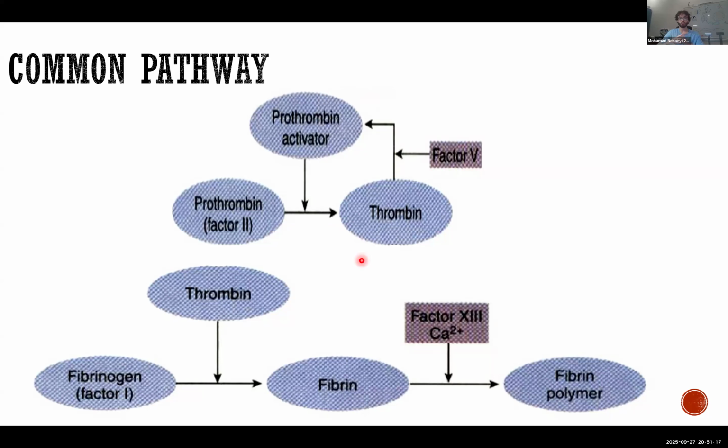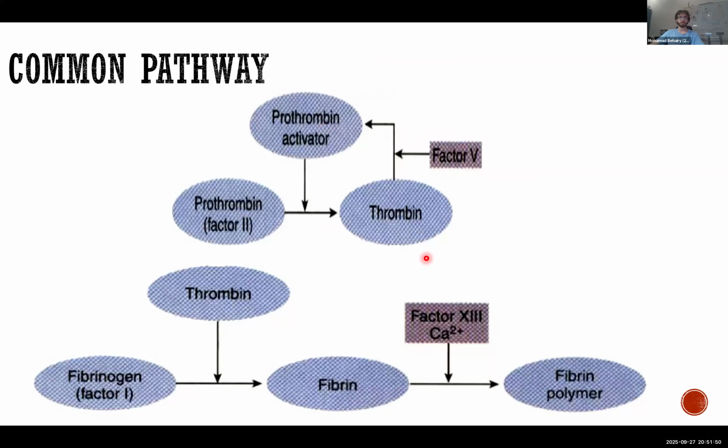As strong as fibrin is, wait guys, give me a moment. I apologize. Thromboplastin is factor 3. You could say, yes, thromboplastin is factor 3. Yes, you can say that, which is the tissue factor.